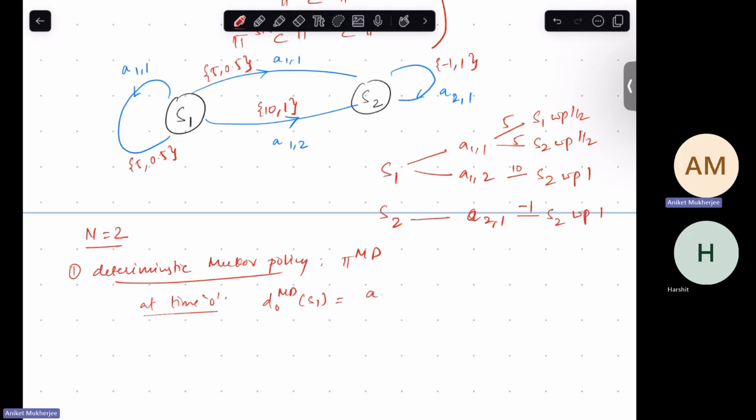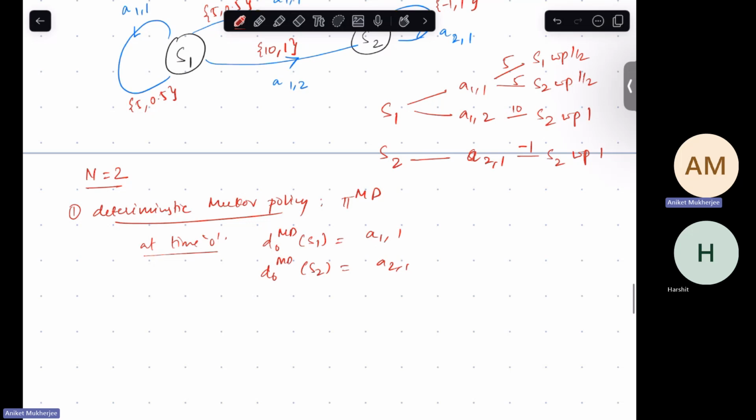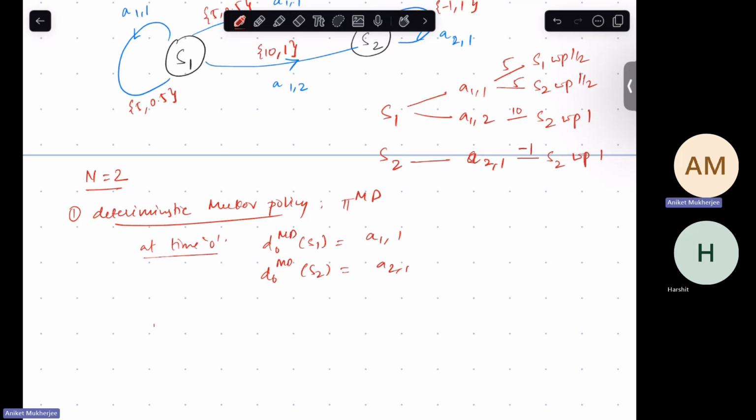At S1 you take A11, d0 MD at S2 you take A21. And at time 1, you have d1 MD at S1 A12 and d1 MD at S2 A21. So this is one example of your deterministic Markov policy.